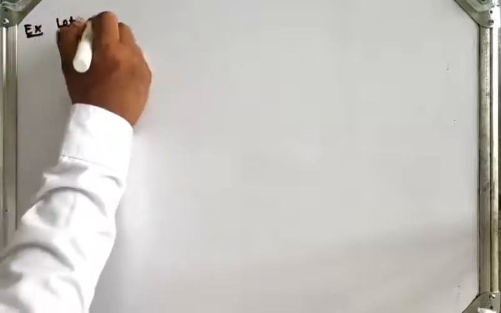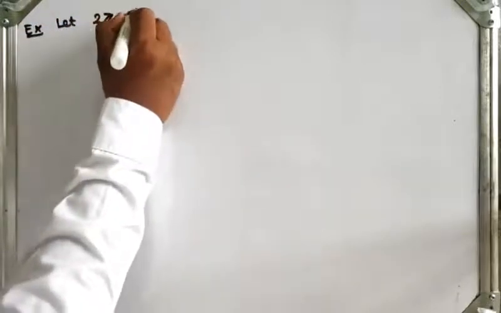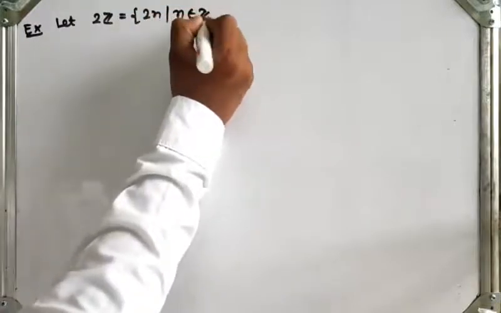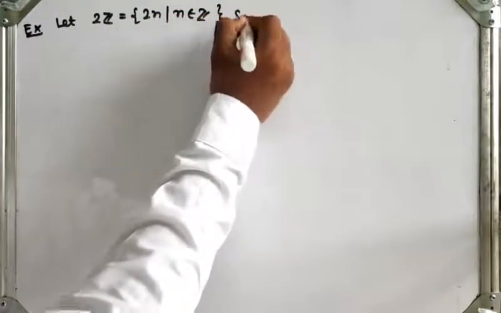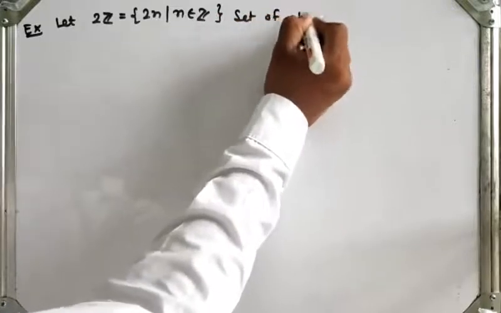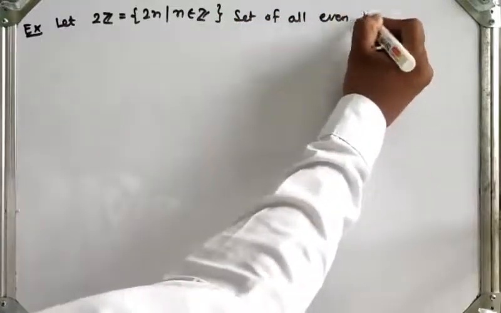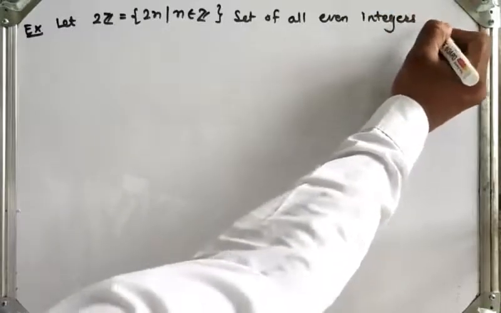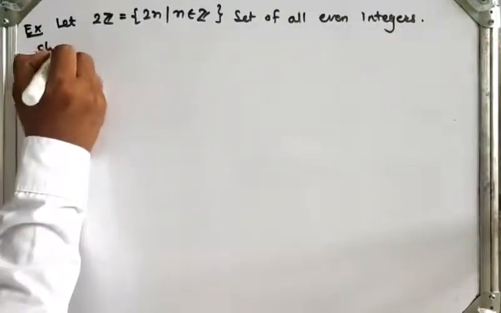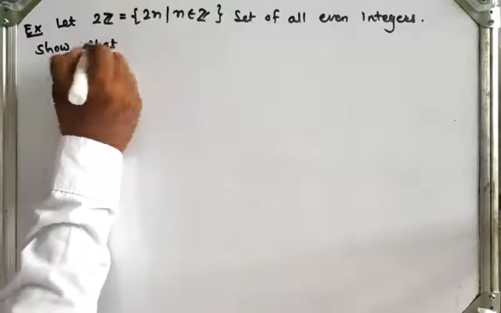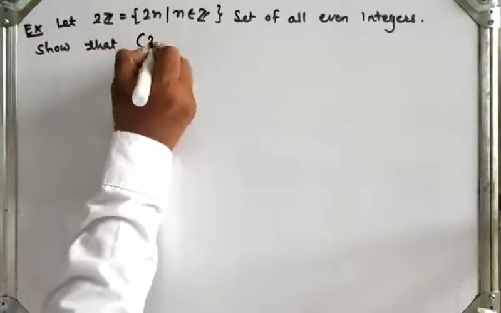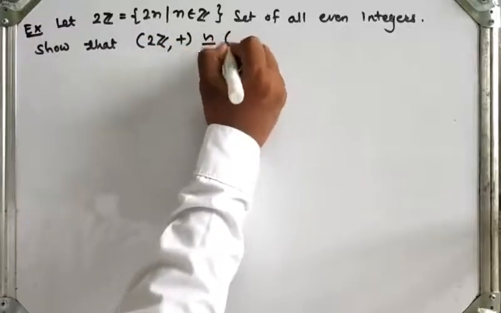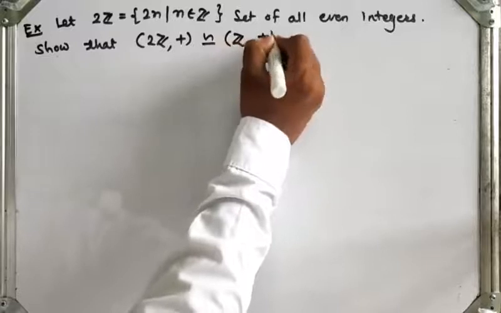Let 2Z be defined by the elements 2n such that n belongs to the set of integers, which is the set of all even integers. Show that 2Z under addition is isomorphic to Z under addition.